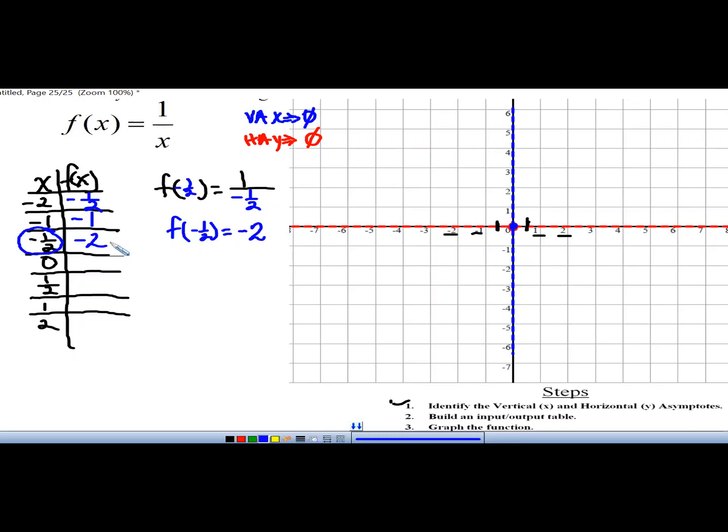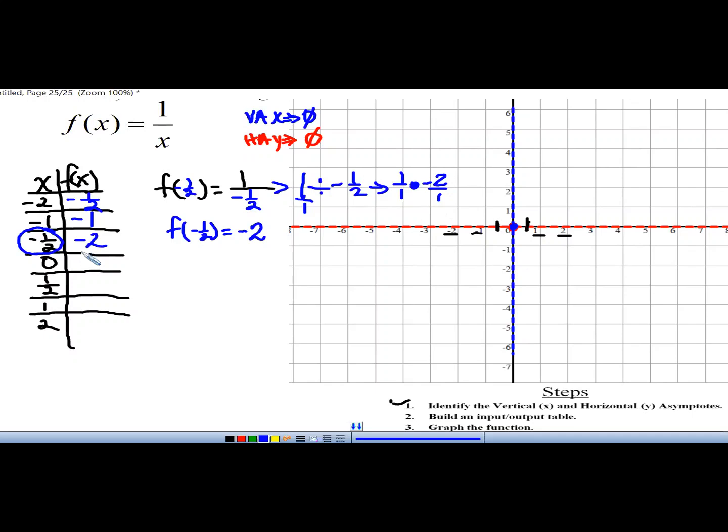The reciprocal. Now let me explain why. Look up. I'm going to do this work over here. This is the same as 1 divided by -1/2. Is that correct? Yes. So if I write the 1 as a fraction, that means it's 1 over 1. When we have 2 fractions and you're doing division, this becomes 1 over 1 times the reciprocal of this one, -2 over 1. And that's why this became -2.